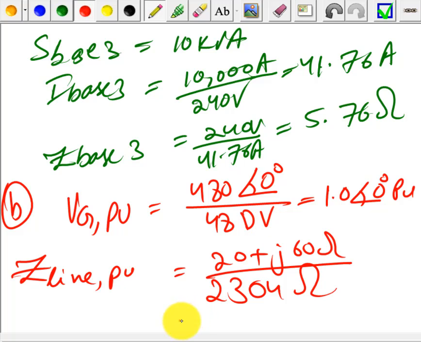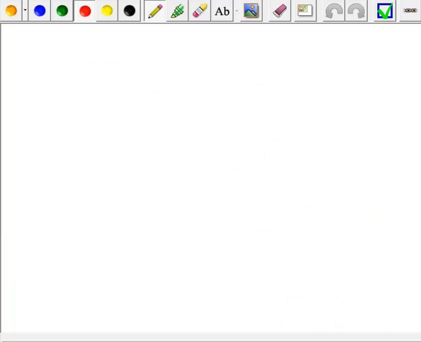So that will be approximately equal to 0.0087 plus j0.0260 per unit.